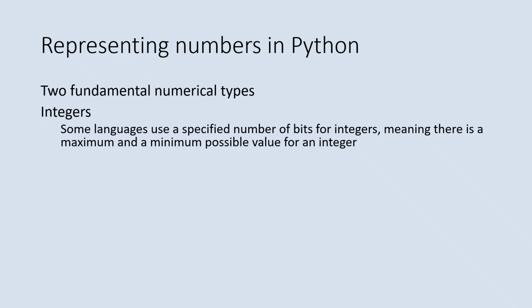You only have so many bits to work with, and then maybe plus or minus. If we only had 3 bits available and then the sign, the biggest number we could have would be 7, and the smallest number, if we had plus or minus, would be -7.